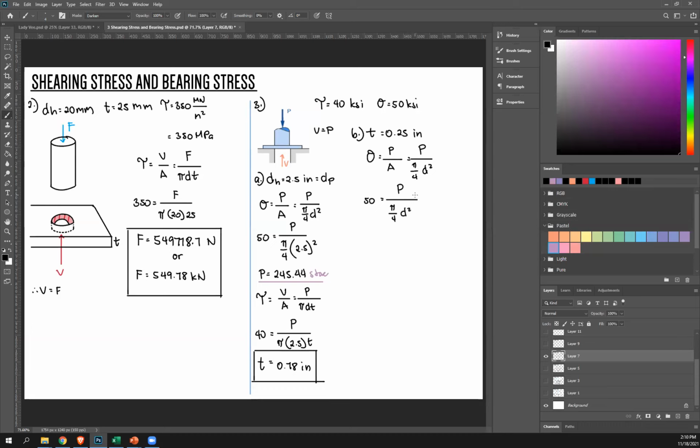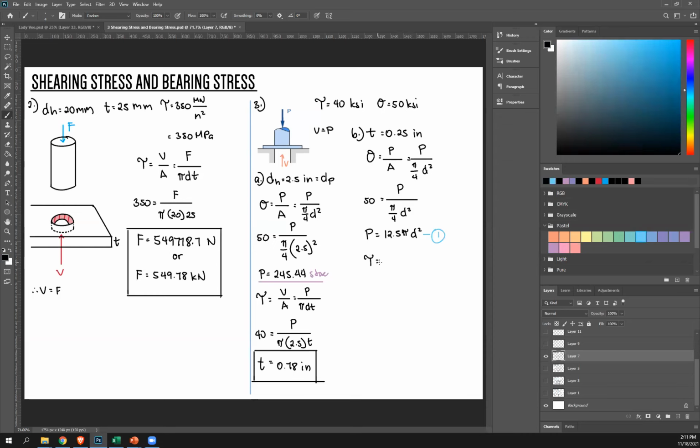However, I will rewrite this equation to make it easier to substitute. So I'll write this as P equals 50 times pi over 4, which is 12.5 pi D squared. And you can just call that equation 1.